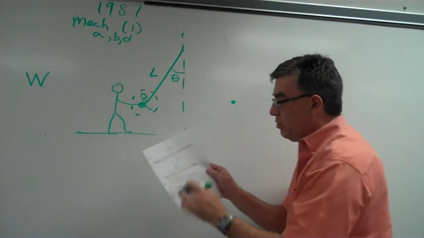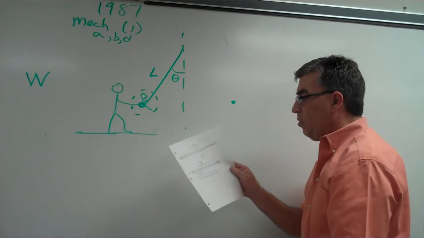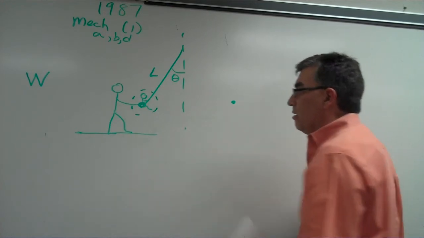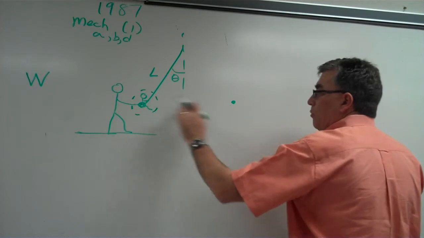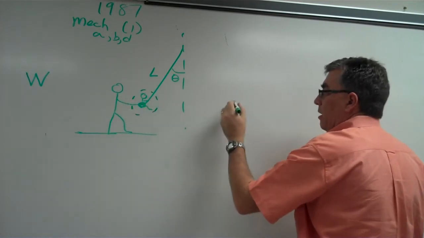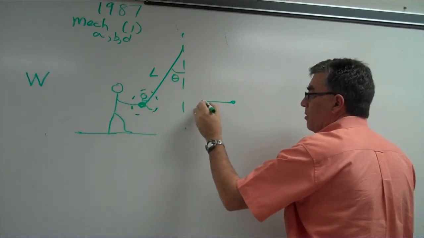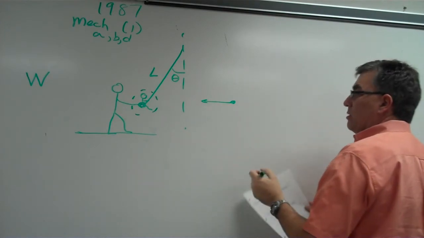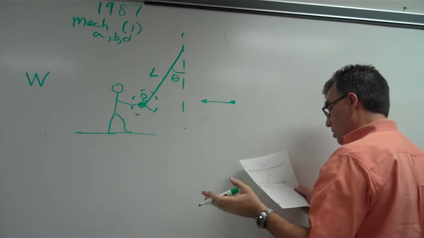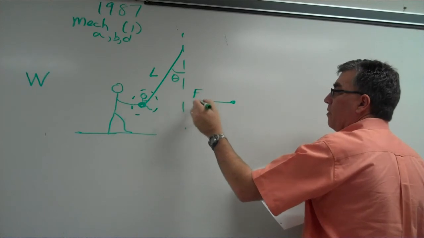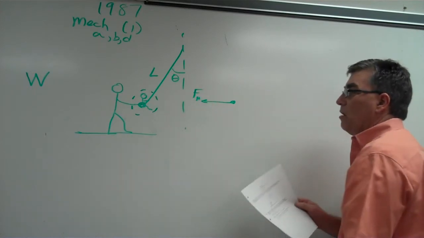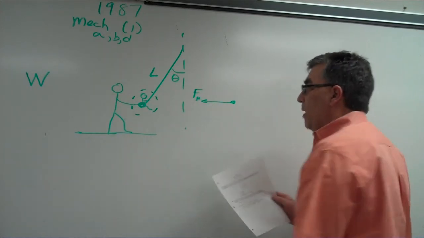Now, the next question, you can't read it here, but it says, find the horizontal force exerted by the adult. So, really, if you think about it, you've got this kid right here. You've got the horizontal force by the adult, and I'm just going to call that F_H, the horizontal force by the adult.